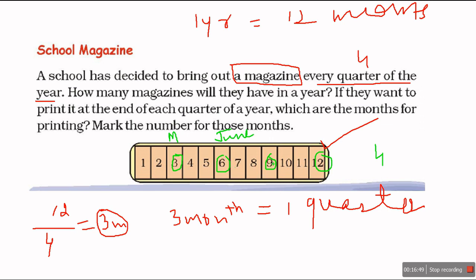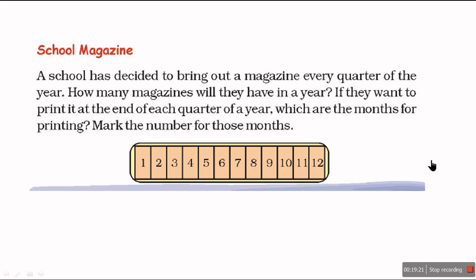Then third will come in September. And the last will come in December. Okay, so in this way they will bring 4 magazines in a year at the end of every third month. So I hope you understand this. Let us move to next.